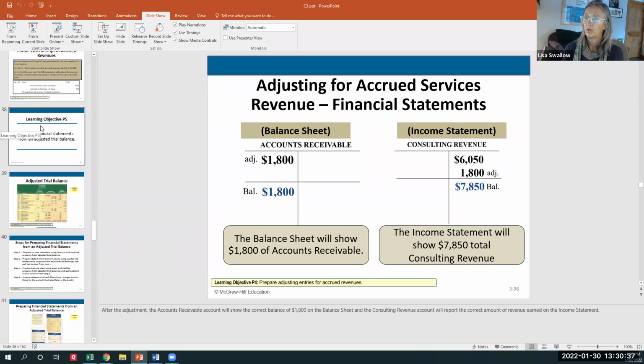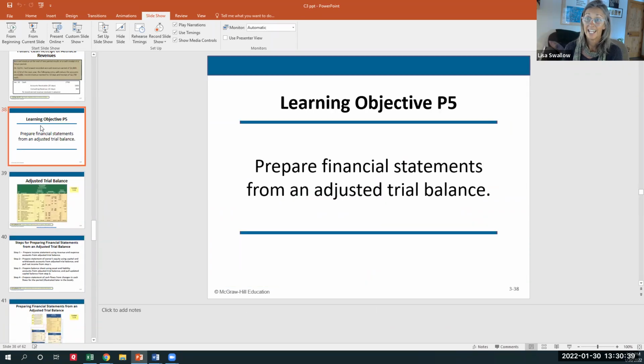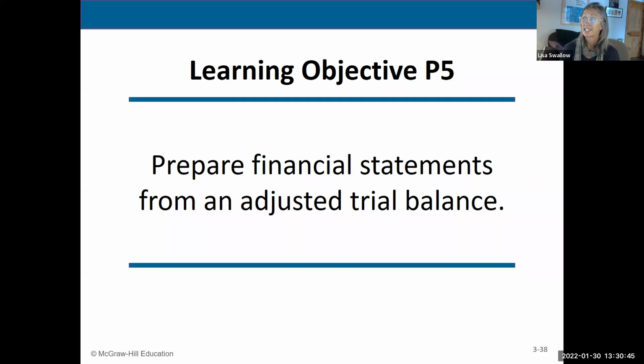And now we've made our AJEs. So whenever you make a journal entry, what's the next thing that you do? The next thing that you do is you post your journal entries to the ledger. We've been using T accounts, but you actually post to that little ledger that I had loaded in Unit 2.